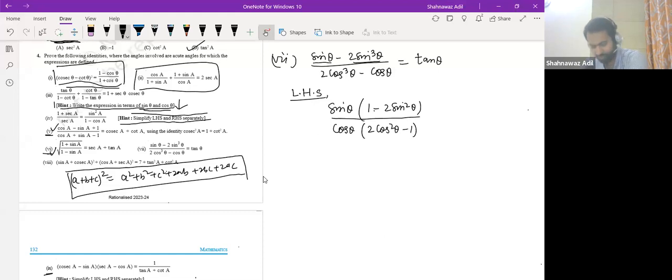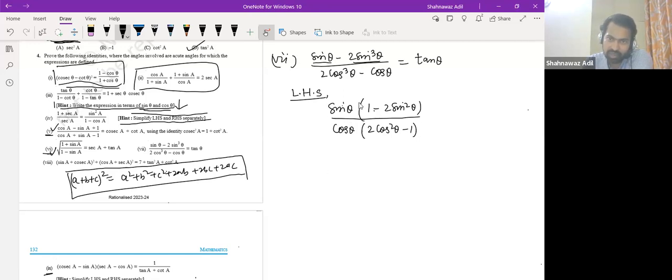What will happen with these two terms, because we already got tan theta? So this one will give you tan theta, right?